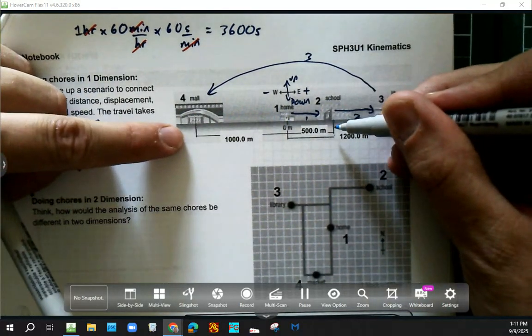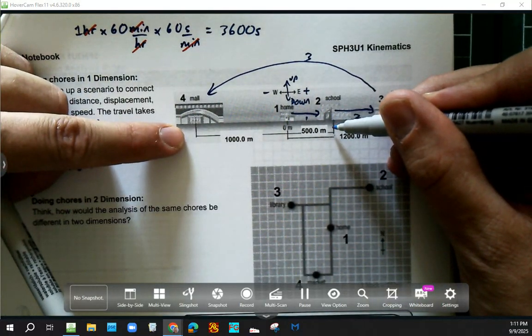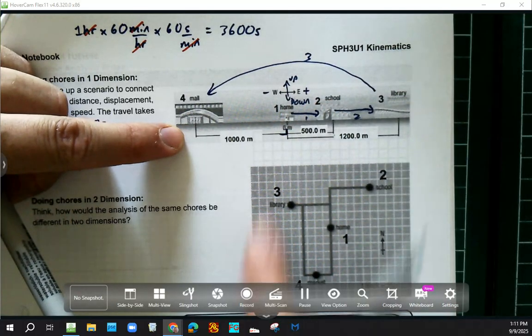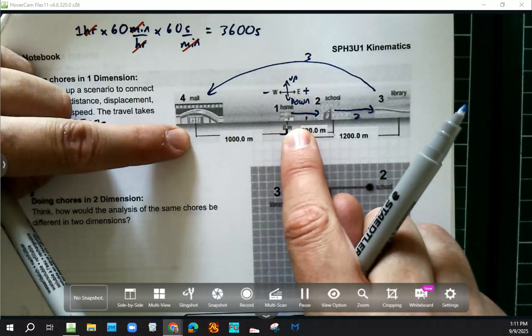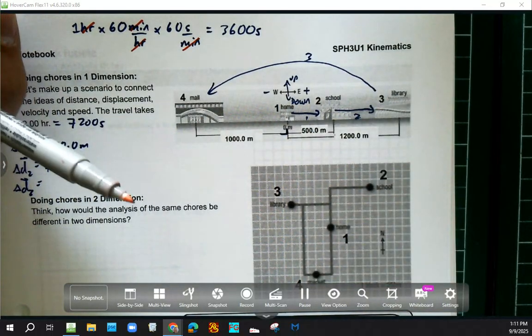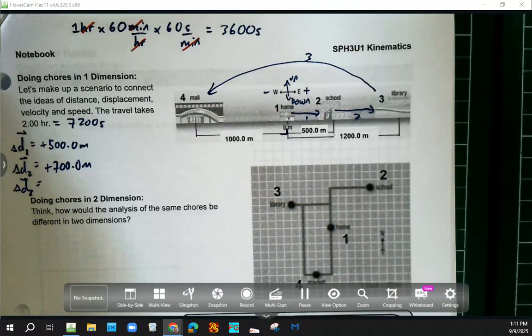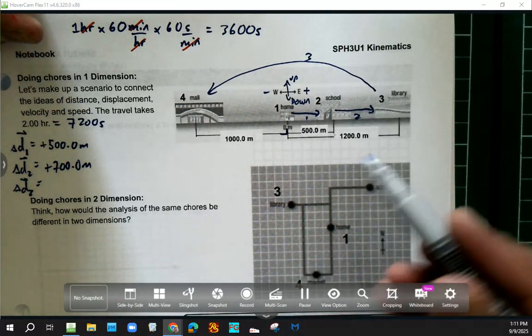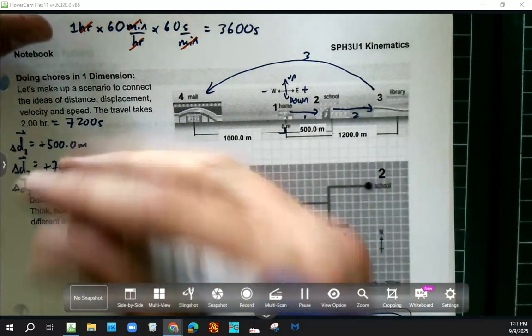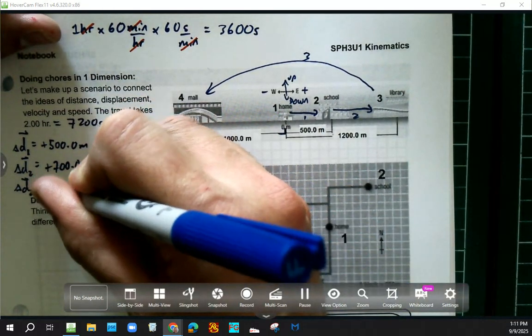Like from here to here? Yeah. I was thinking it was here. Can we just say that that's 1,000 meters there? Yeah. Let's declare that to be 1,000 meters, because it looks like our diagram's a little ambiguous. It's hard to tell, you know? But if that's the case, wouldn't it be 2,200 meters west? Okay. So negative 2,200 meters.